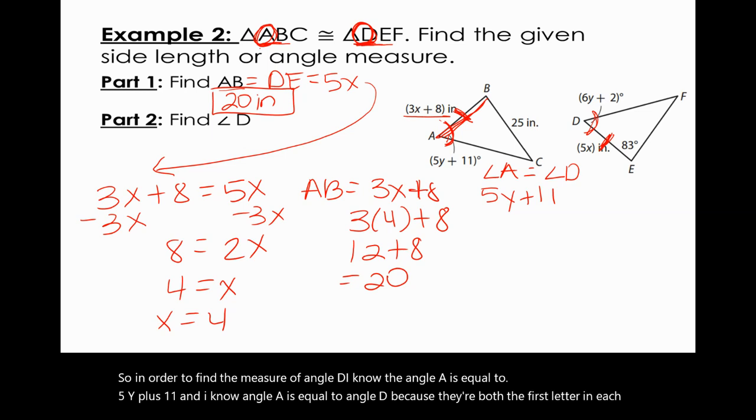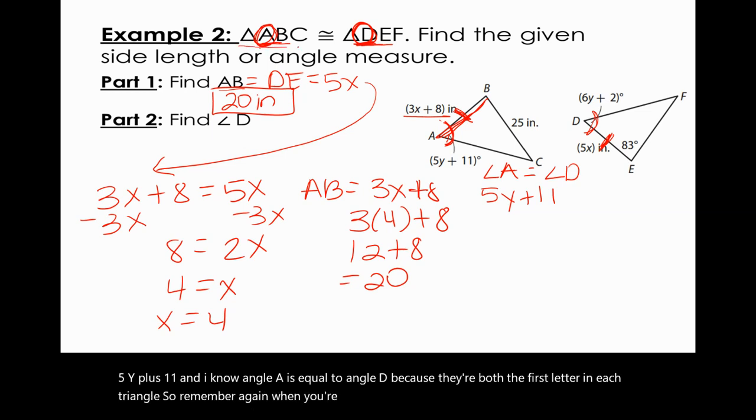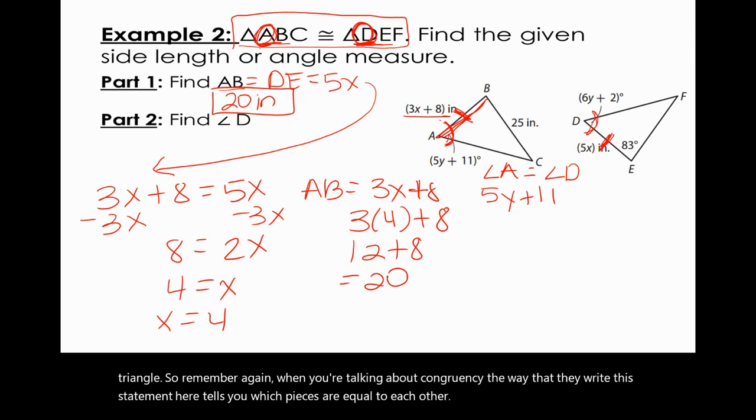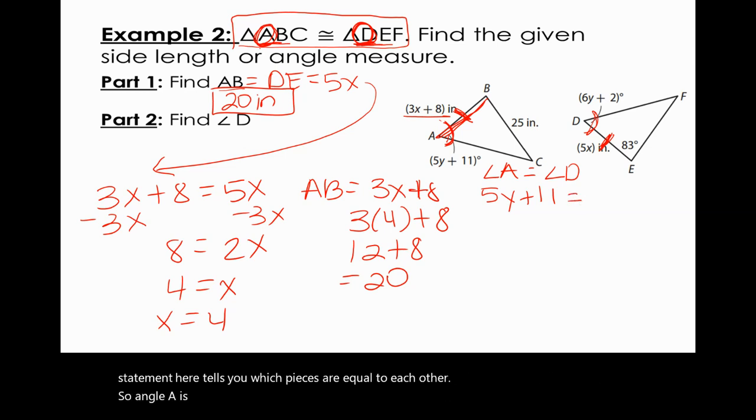Remember, when you're talking about congruency, the way they write this statement tells you which pieces are equal to each other. So angle A is 5y plus 11, and that's equal to angle D, and angle D is 6y plus 2.